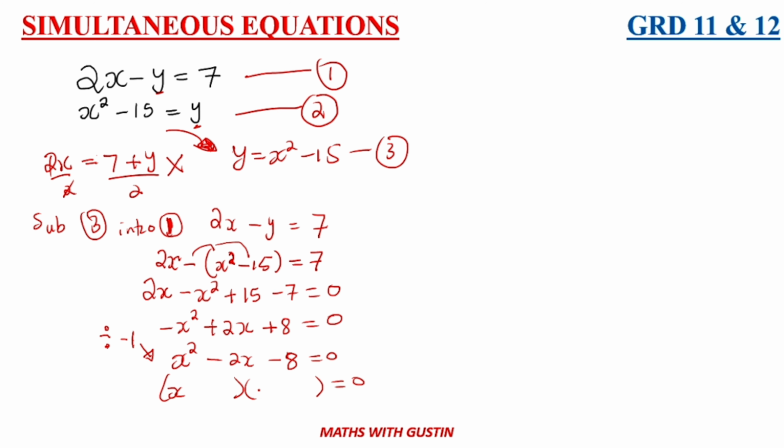Let's go ahead. We need two numbers that, when you multiply them together, give us negative 8, and when you add them, give us negative 2. So you're going to have 2 times 4, which gives us 8.